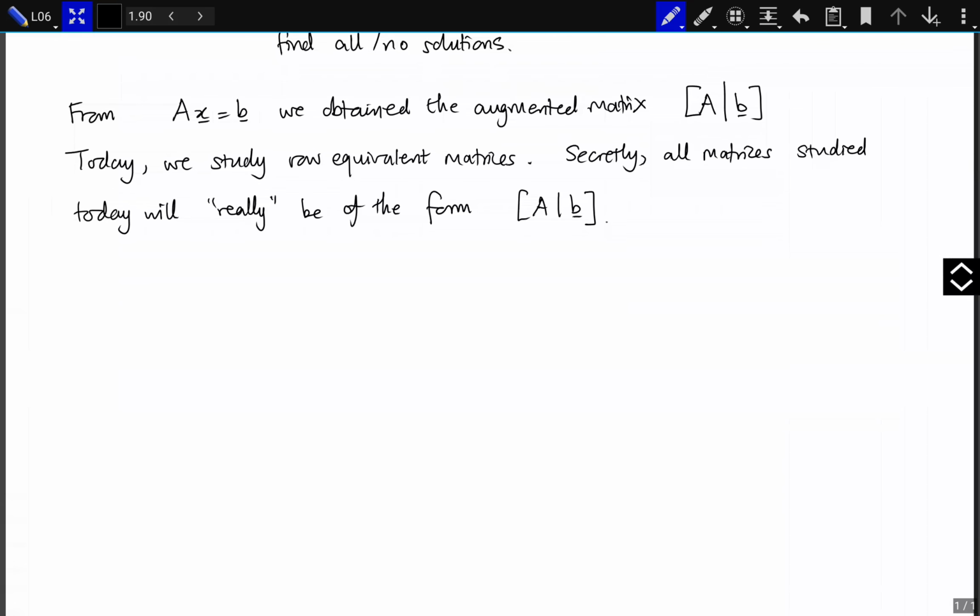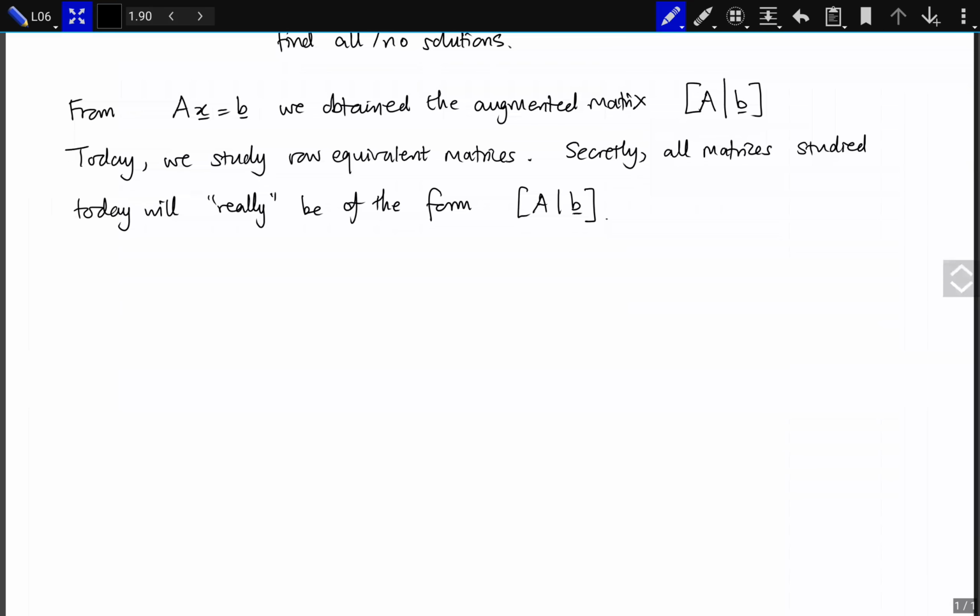So let me give you a statement of what it means for two matrices to be row equivalent.